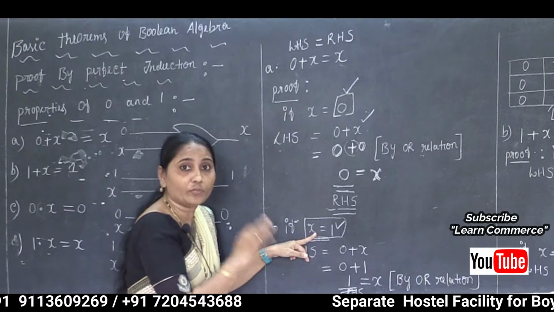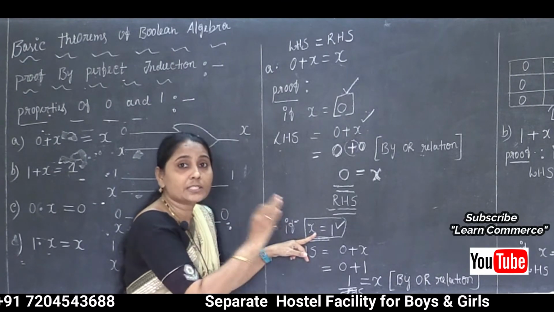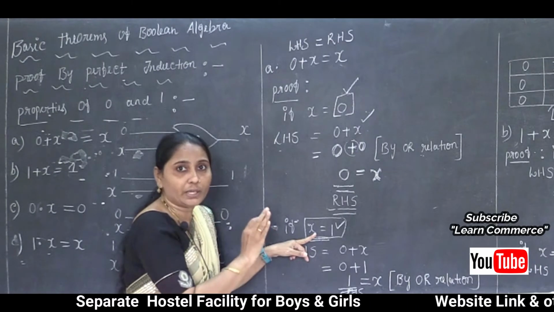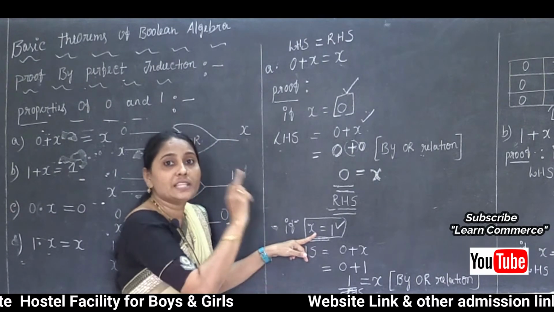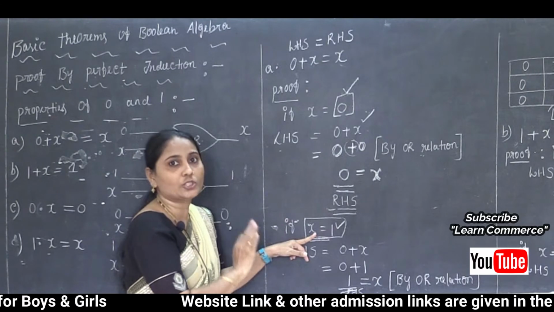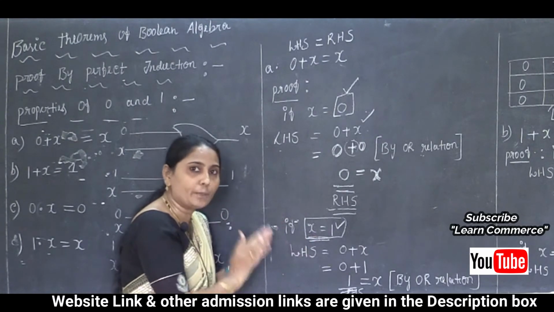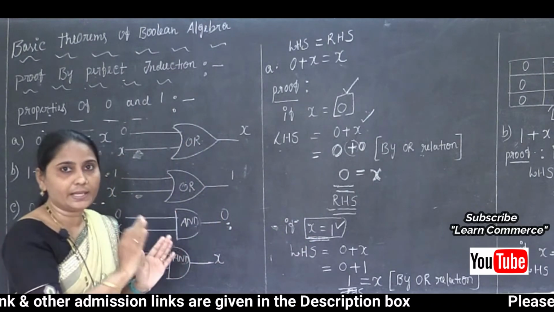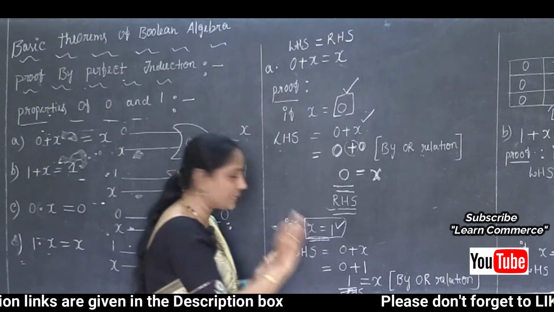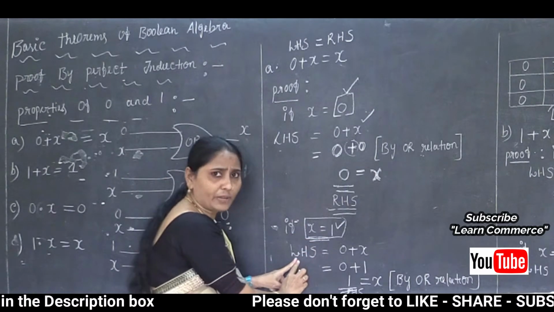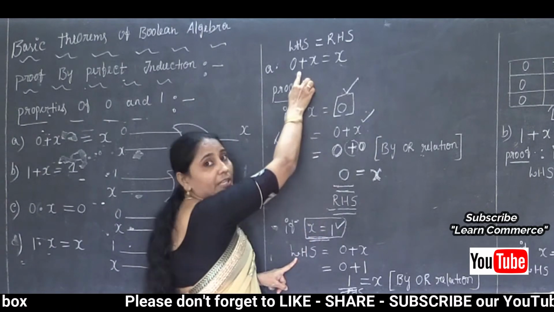Now the value of x is changed, just to check whether 0 plus x is equal to x or not, or in simple words, whether the left hand side is equal to the right hand side. In the left hand side the value is 0 plus x.